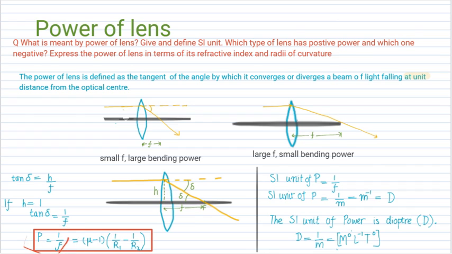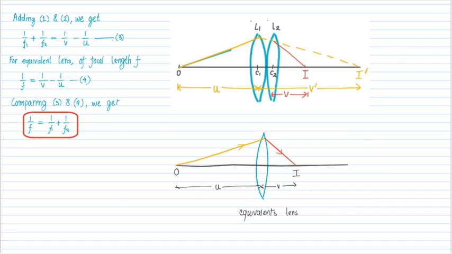So using this relation, I can write the equivalent power. 1 by f1 equals P1 and 1 by f2 equals P2.